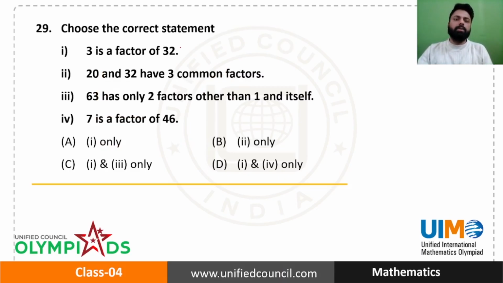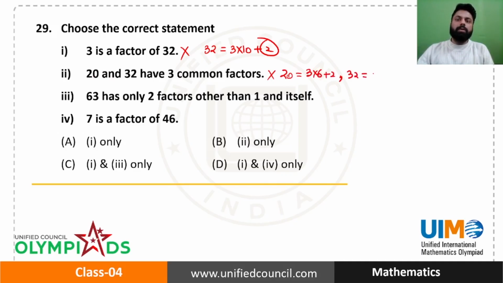Choose the correct statement. 3 is a factor of 32? No. 32 is equal to 3 multiplied by 10 plus 2. 2 is the remainder. 20 and 32 have a common factor of 3? No. 20 is equal to 3 multiplied by 6 plus 2, and 32 is equal to 3 multiplied by 10 plus 2. 2 is the remainder again. 63 has only two factors other than itself?